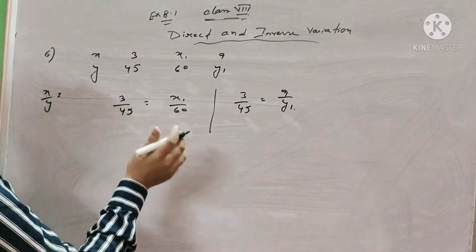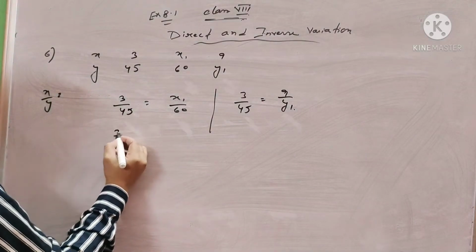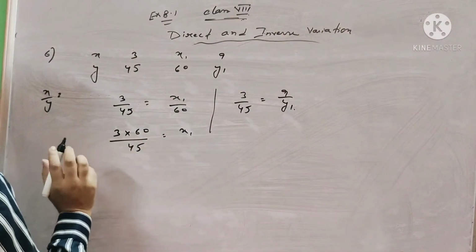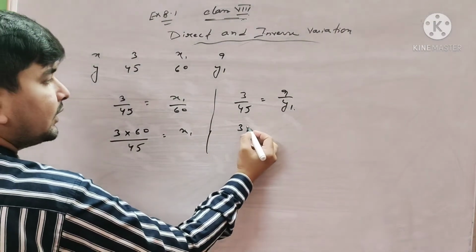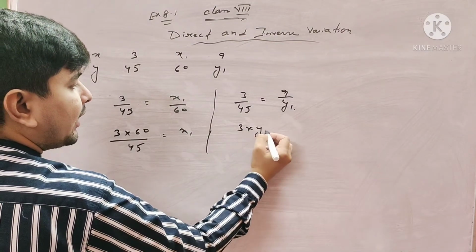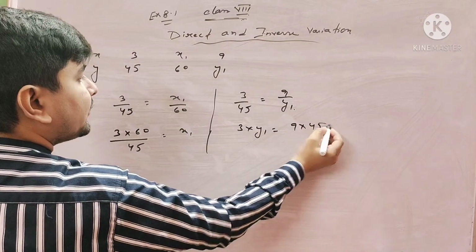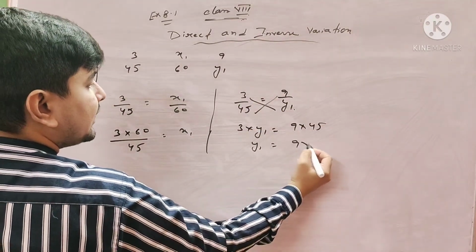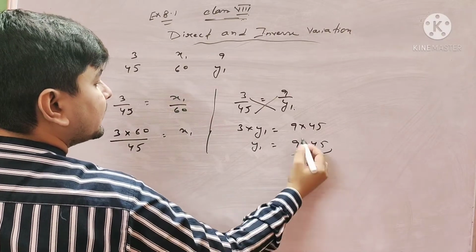Okay, so 3 into 60 by 45 equals x1. Again here it is the same, 3 into y1 equals 9 into 45. This is getting cross multiplied. So y1 equals 9 into 45 by 3.